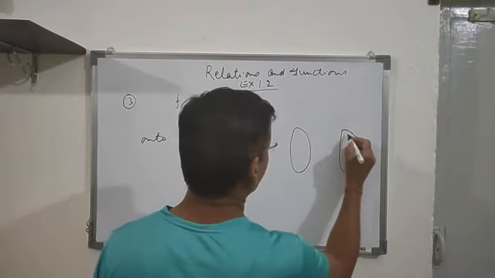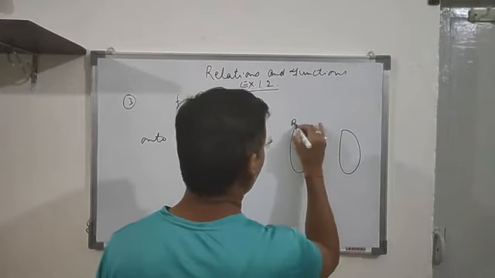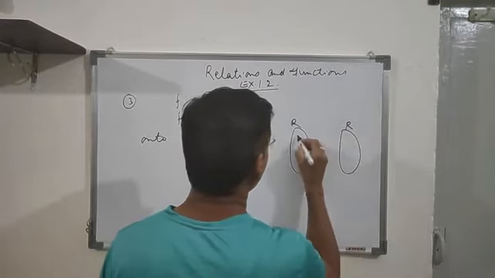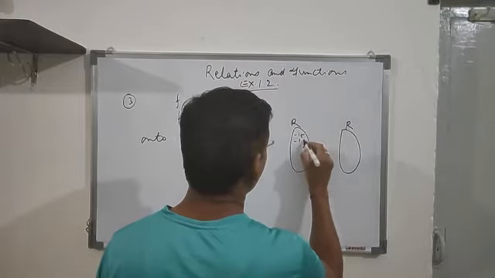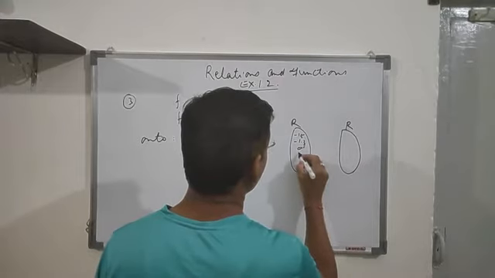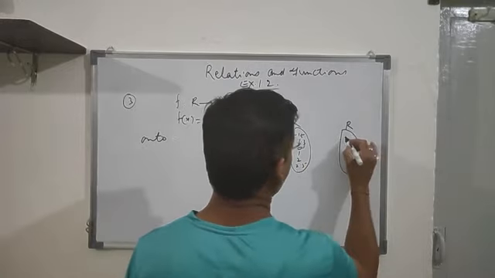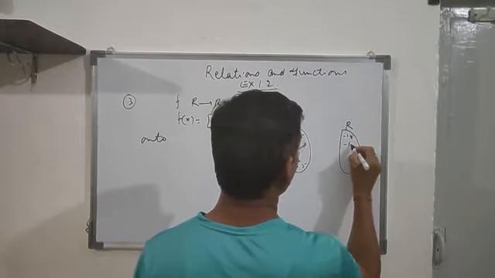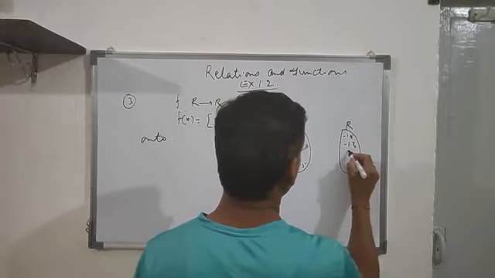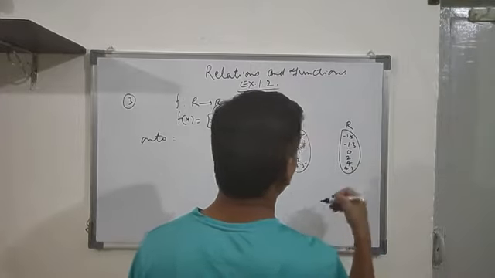Here you can take it as minus 1.5, minus 1.3, 0, 1, 2, 2.5. And on the right hand side, it is minus 1.5, minus 1.3, 0, 2, 4, 4.3, something like this, all these elements.